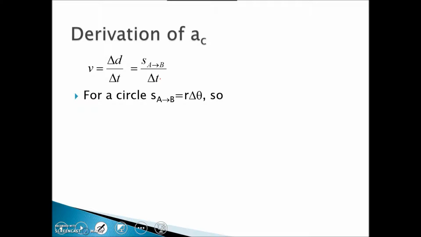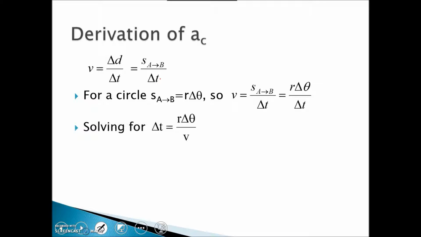It's somewhat confusing. If we plug in r delta theta for the arc length, we have the velocity as r delta theta over delta t. Rearranging for the change in time, we have delta t equals r delta theta over v. Now, acceleration is delta v over delta t.